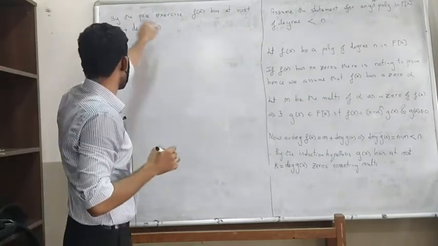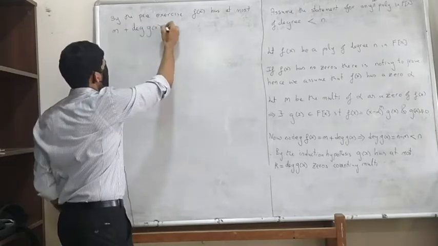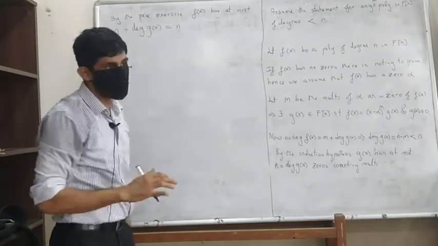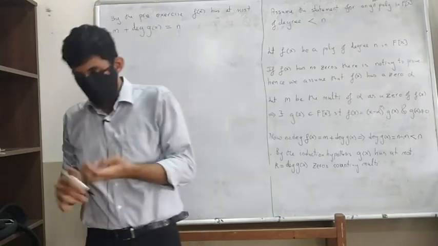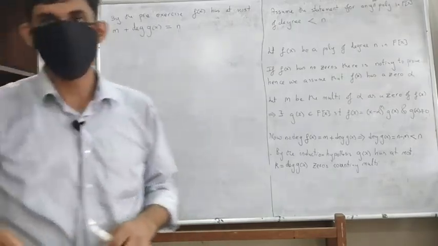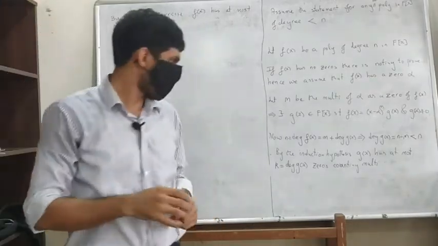So this has at most this many, which is exactly n. That proves our theorem. I think we'll stop here.